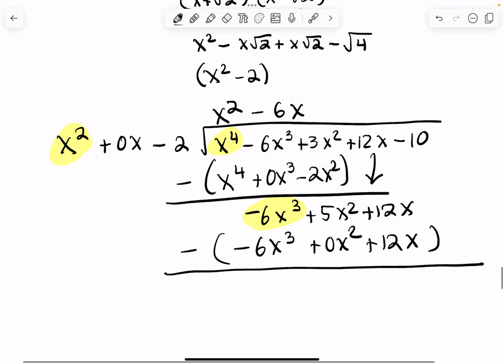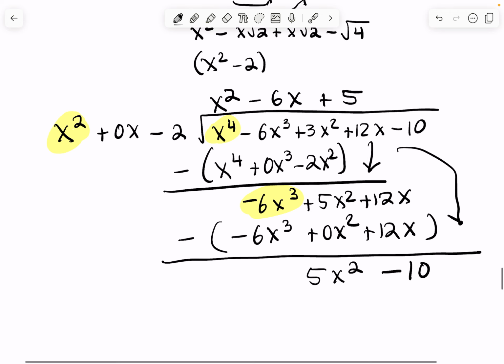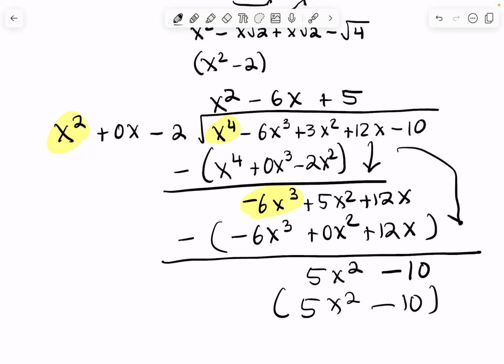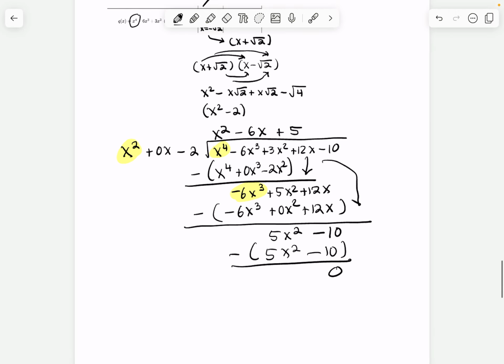Subtract going down, and we get 5x squared. Everything else cancels, and we drop the minus 10. Then I'm going to put a plus 5, 5x squared minus 10, subtract, and you get 0.